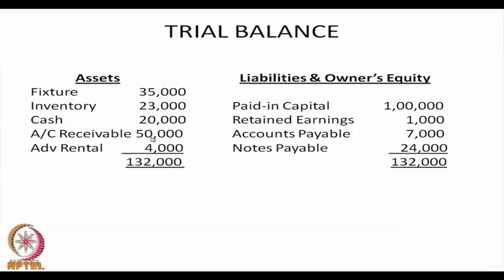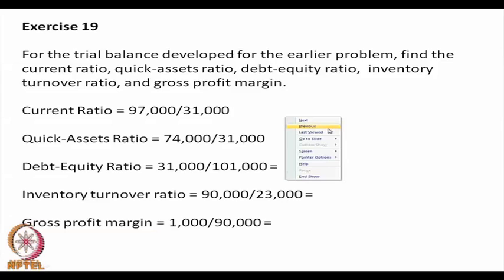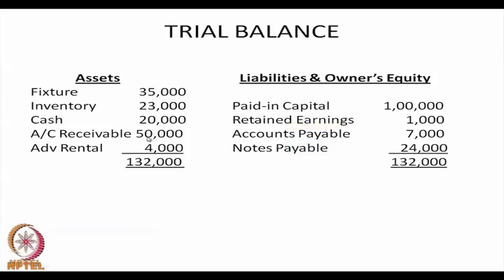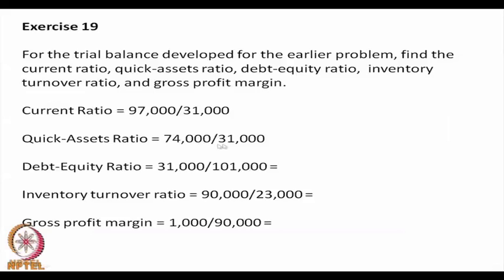So, the other 3 are this plus this plus this, cash, accounts receivable and advance rental. That comes to 74,000 rupees, 50 plus 20 plus 50, 70 plus 4, 74. 74 divided by 31, and that is 2 point something, 2.5 or so, close to 2.5, which is also quite comfortable.